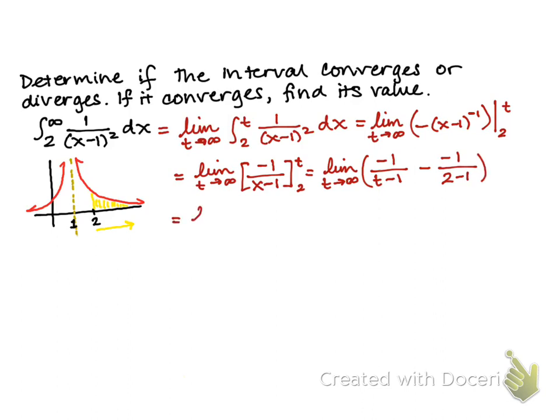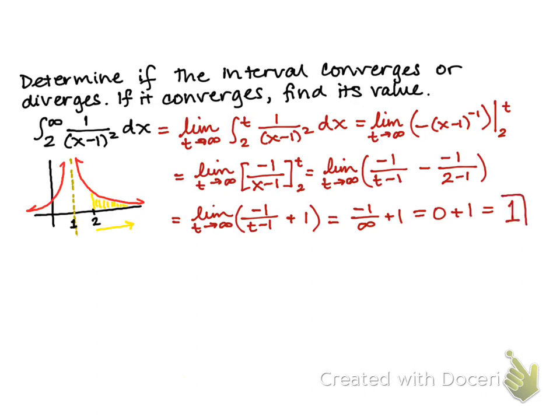So we have the limit as t approaches infinity of negative 1 over (t minus 1) plus 1. That is negative 1 over infinity plus 1, or 0 plus 1. Oh, whoops, not 0. 0 plus 1 is actually 1.